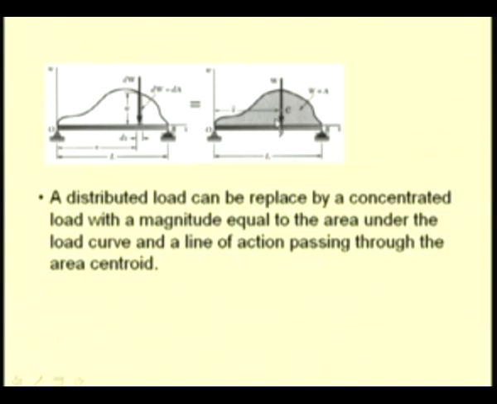We can find that for the first moment of this weight to be the same, this load W has to act through the centroid of this area. So, the moment of this force W is OP times W, which should be equal to the sum of the moments of these individual elemental weights, and from this we know the distance at which this concentrated load has to be placed.